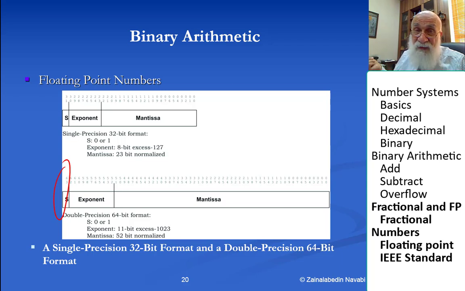The negative exponents are represented as excess 1023, meaning that if you have minus 6, then it becomes 1023 minus 6, which is 1017. 1017 you represent in the exponent part, and then you have a 52-bit normalized mantissa part.